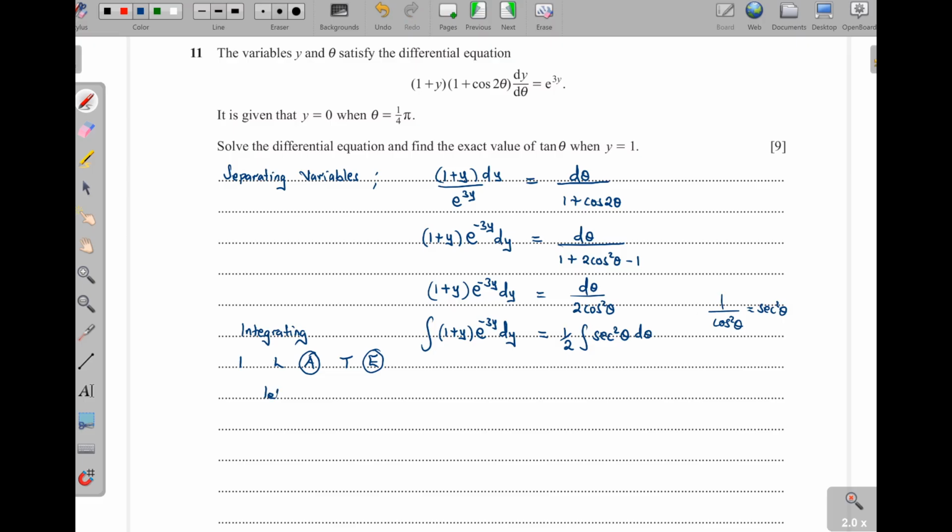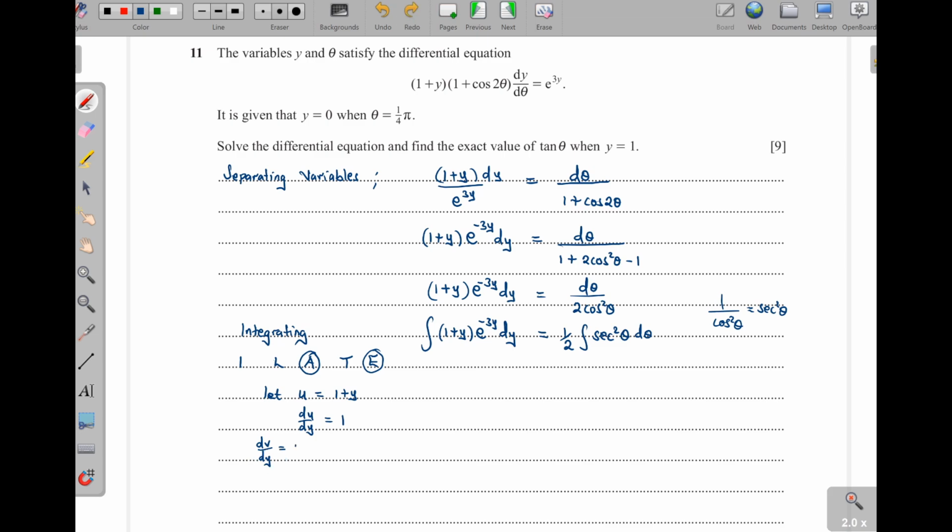So we shall let our u be equal to this 1 plus y. So then we differentiate, du dy, this one will be equal to 1. Then dv, we have always used dv dx, but this one is going to be dv dy, okay? Because the function is in terms of y, so it makes no sense now to bring in an x here.